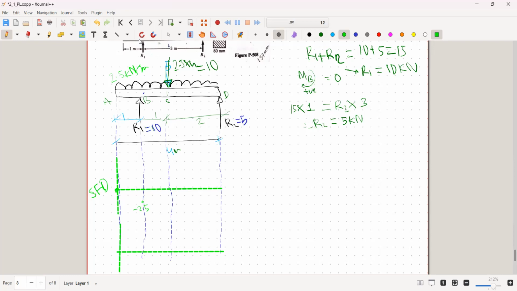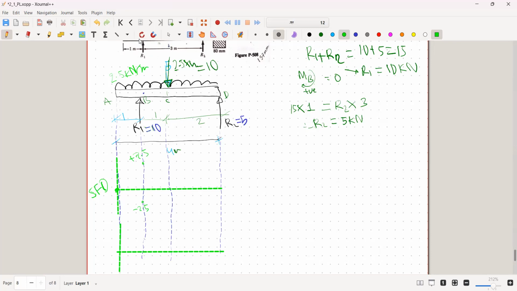So 10 plus negative 2.5 will be positive 7.5, and then from B to C, again the uniformly distributed load is being applied, and for C we have to do the same thing.